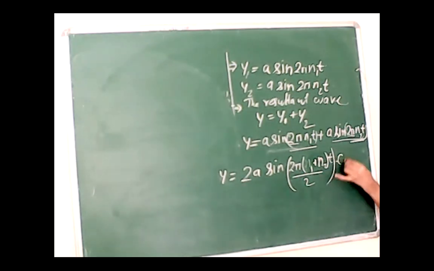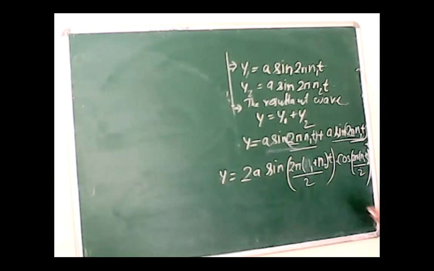Similarly, multiplied by cos, again 2 pi, then n1 minus n2 divided by 2 and into t. Listen carefully to what I say. Here we have sin of n1 plus n2 and cos of n1 minus n2, multiplied by this t.